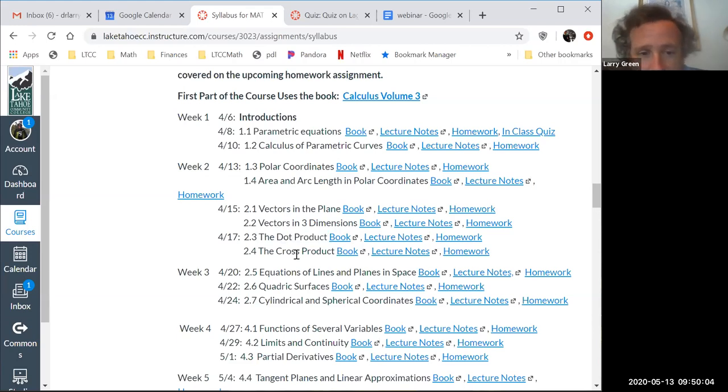Okay, cross product. The main formula, similar to the dot product, is that V cross W is equal to the magnitude of V times the magnitude of W times, who remembers, the sine of the angle between them. Good.